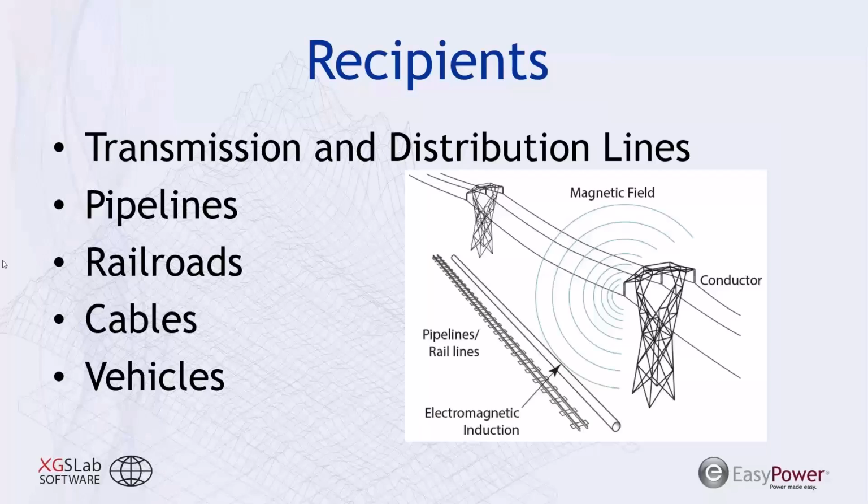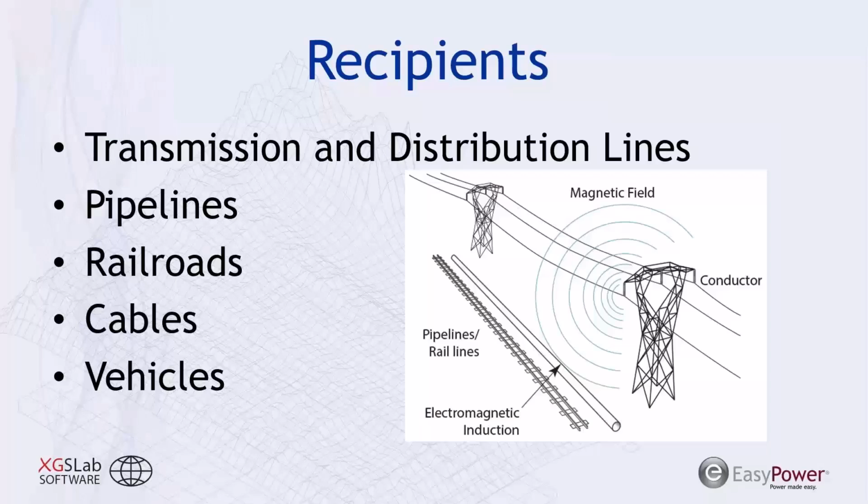Obviously, in this webinar, we will focus on pipelines, as those are metallic objects that often run parallel to these transmission lines for several thousands of feet. Railroads, cables, vehicles, and even some buildings can also be recipients of AC interference hazards.